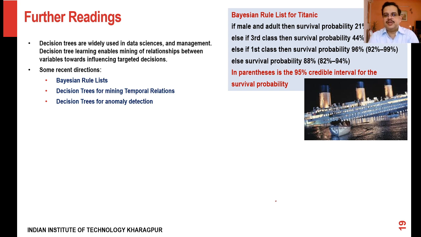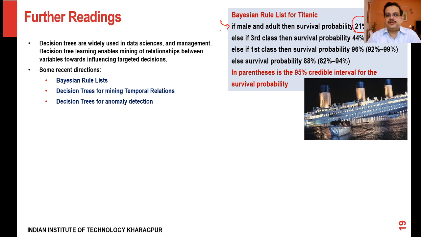So for example, the Bayesian rule list for Titanic, which tries to infer the probability of survival of a person in the Titanic, can be learned from the Titanic data set: if a person is a male and an adult, then the probability that the person survived the sinking of the Titanic is around 21%. Okay, and we found that it actually varies between 19% to 23%, so on an average it's 21%.